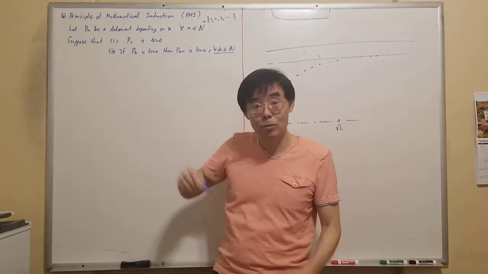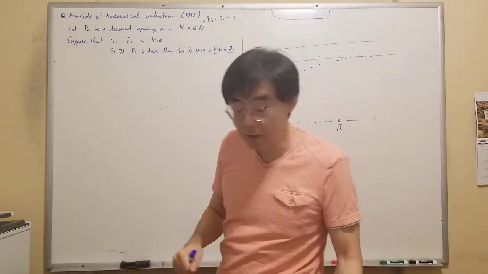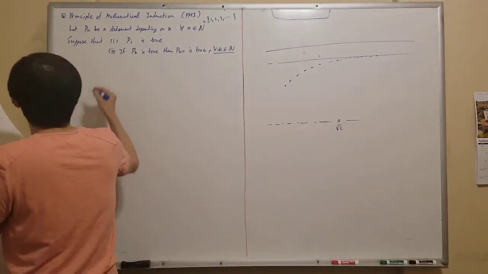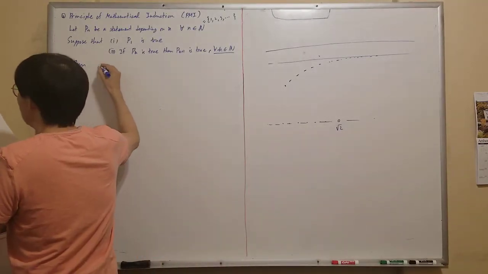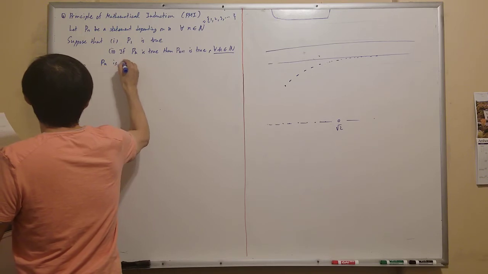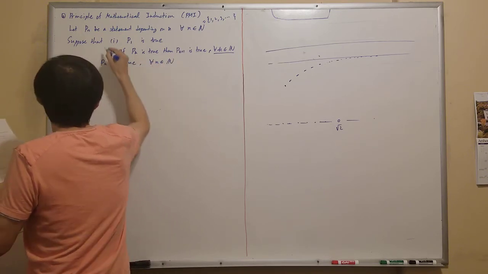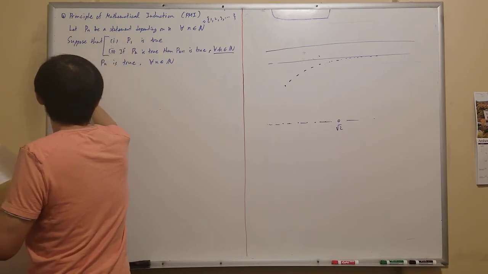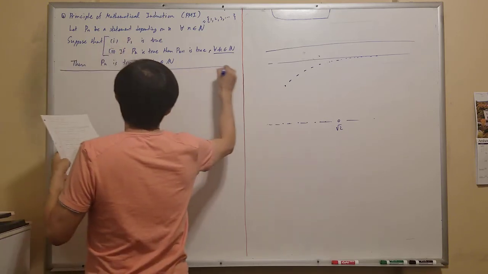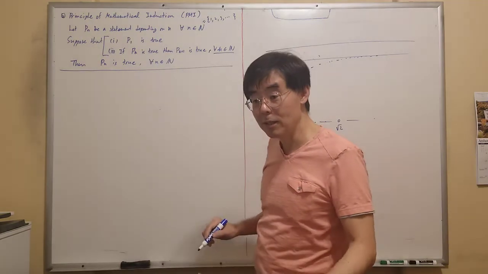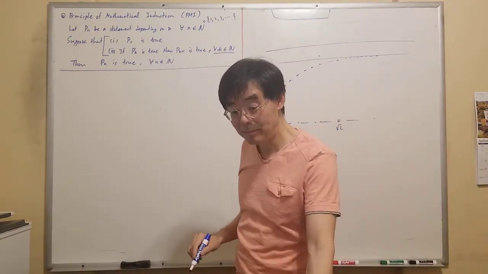Everything will be true. So we can conclude that all statements are true, if you can show these two. This is what we call PMI, the Principle of Mathematical Induction.